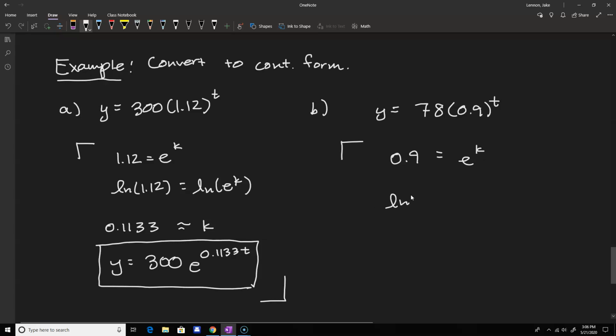So the natural log of 0.9 is equal to k, and negative 0.1054 is approximately the value of k. I just wanted to look at an example where we had both growth and decay. So the continuous form is 78 e to the negative 0.1054 times t.